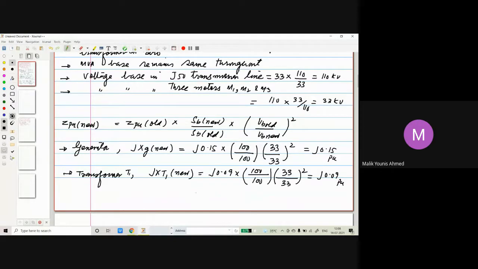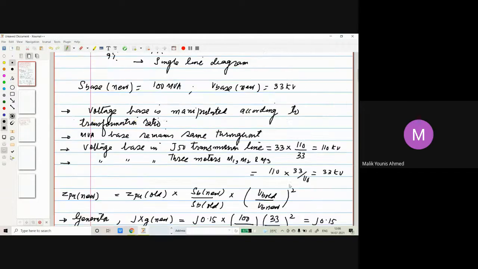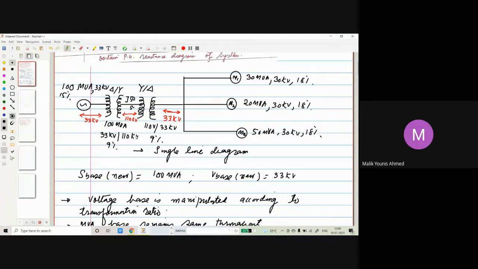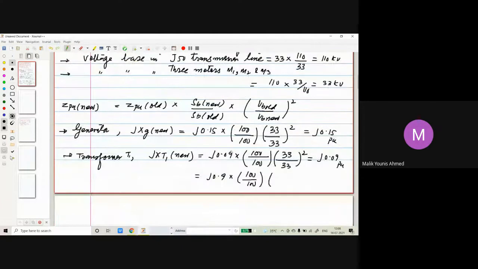Or now, if I am going to take this on the transmission line side, that is the secondary side, this is going to remain the same, S base new divided by S base old. On the secondary side, the old value will be 110 kV.